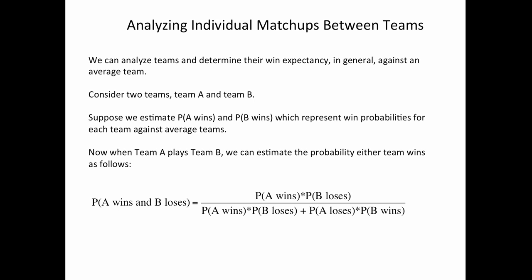The probability A wins times probability B loses, plus probability A loses and B wins. These are the total possibilities in a sense here: either A wins and B loses, or A loses and B wins. And so I'm calculating the probability that A wins against B using the probabilities that A wins against an average team and B wins against an average team.